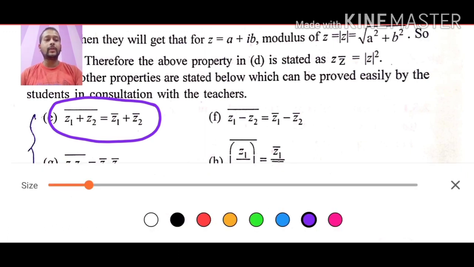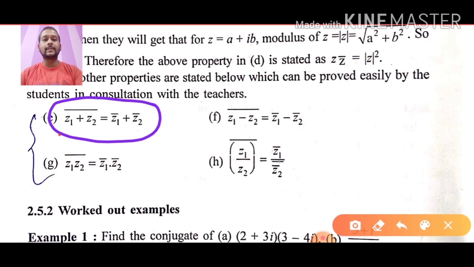The conjugate of the sum of two complex numbers is equal to the sum of their individual conjugates.